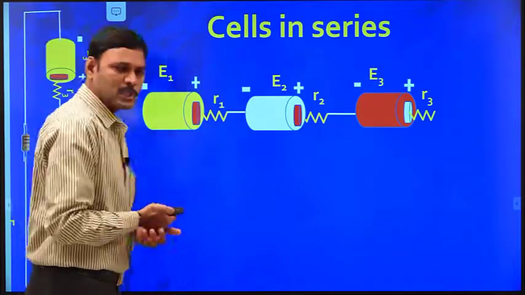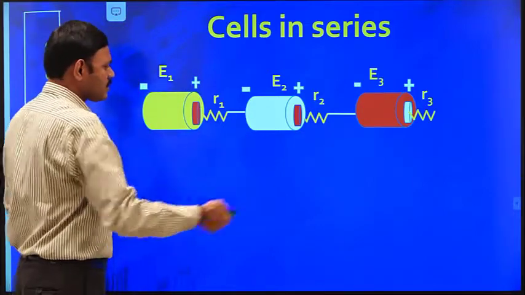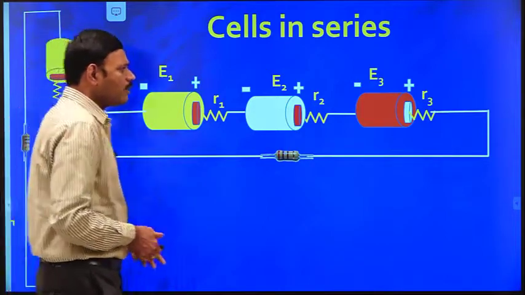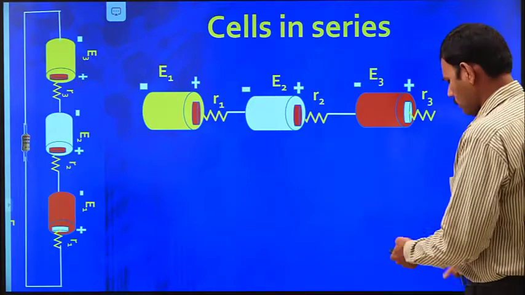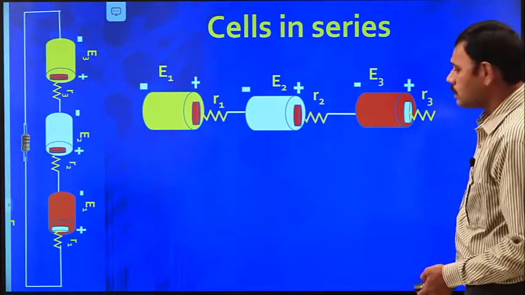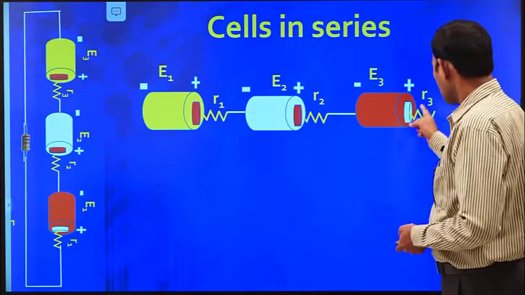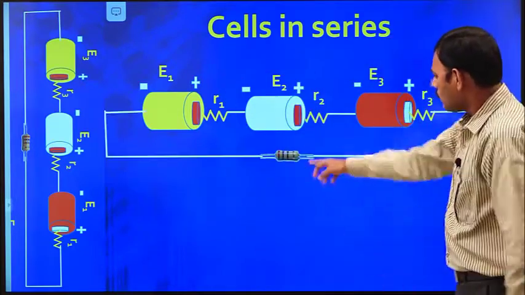For the working of this battery, we have to connect this combination to an external resistance. This is the connection. Positive terminal of the last cell and the negative terminal of the first cell are connected together through a resistor.